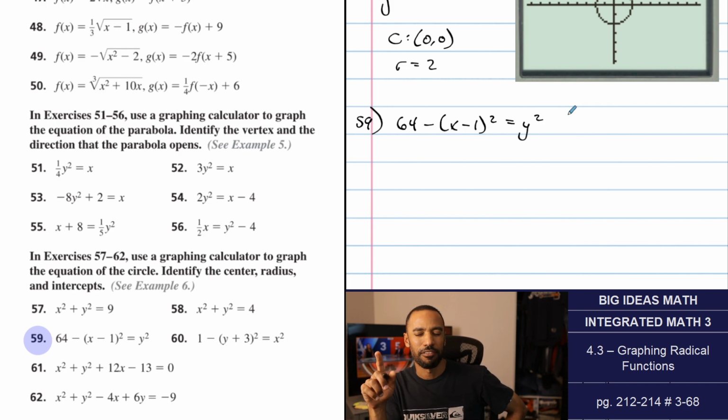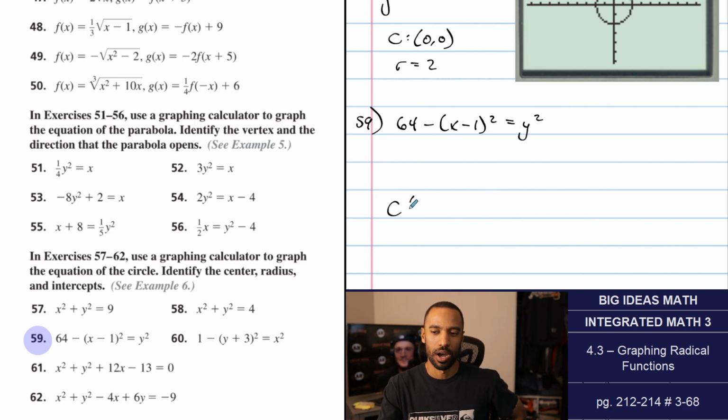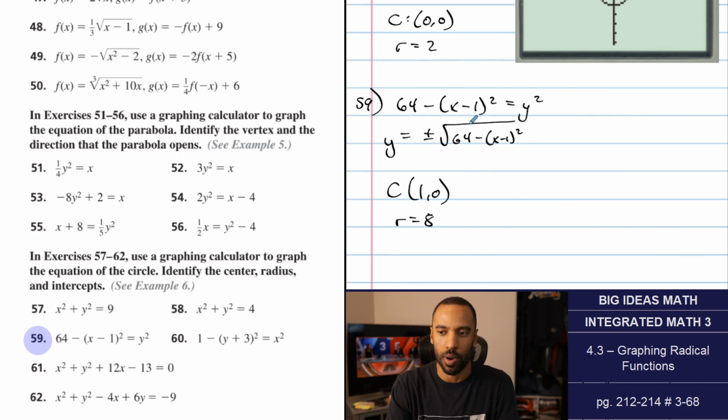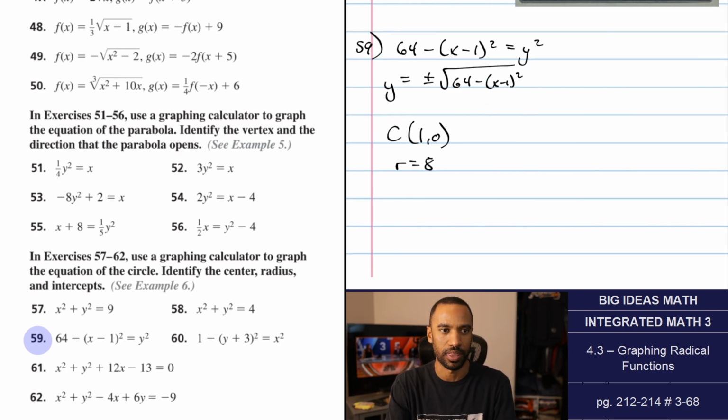If I were to speculate, the center would be at 1, 0, and the radius would be 8. I believe it's supposed to be that. Anyway, we just have to take the square root of both sides here. Plus or minus square root of 64 minus x minus 1 quantity squared. I don't think they want you to expand that or anything. You're good. Once y is by itself, we're all straightforward. We're squared away. That's fine.